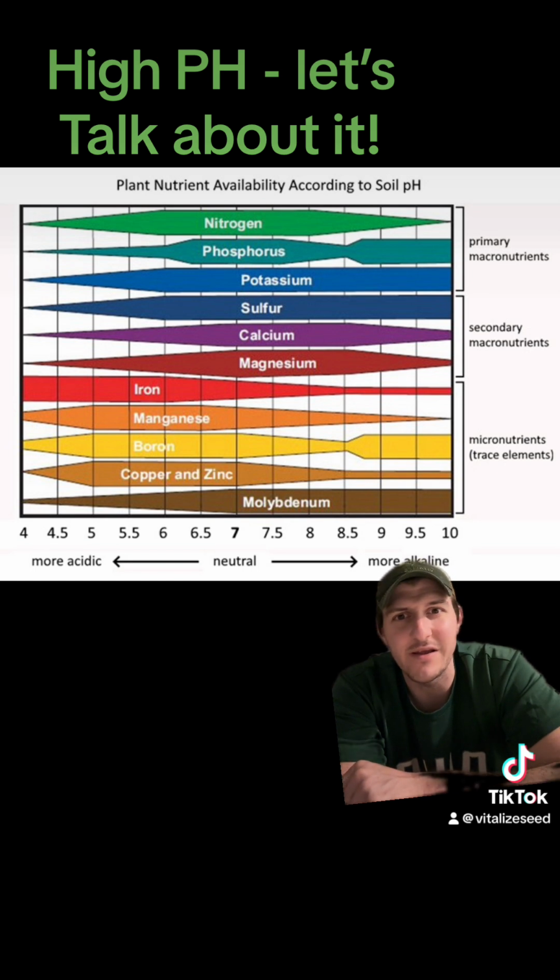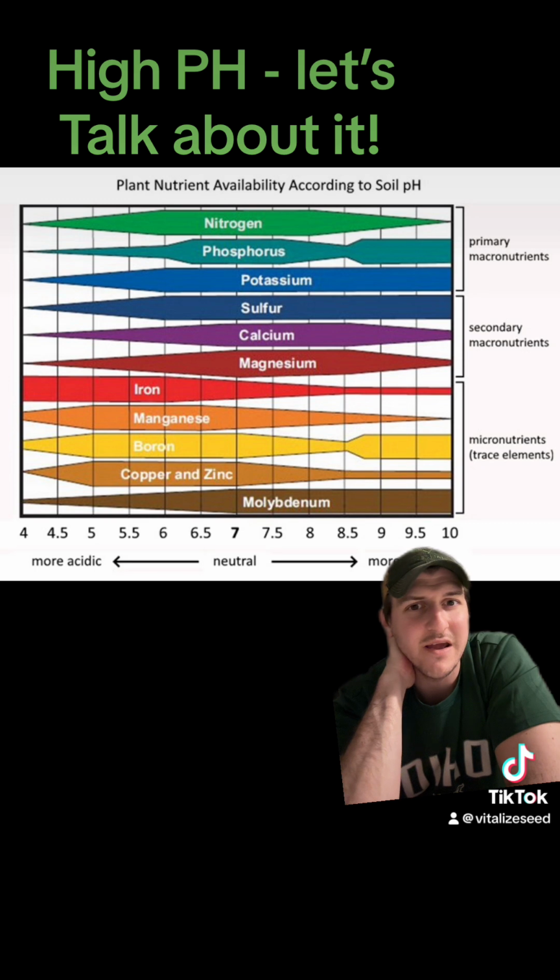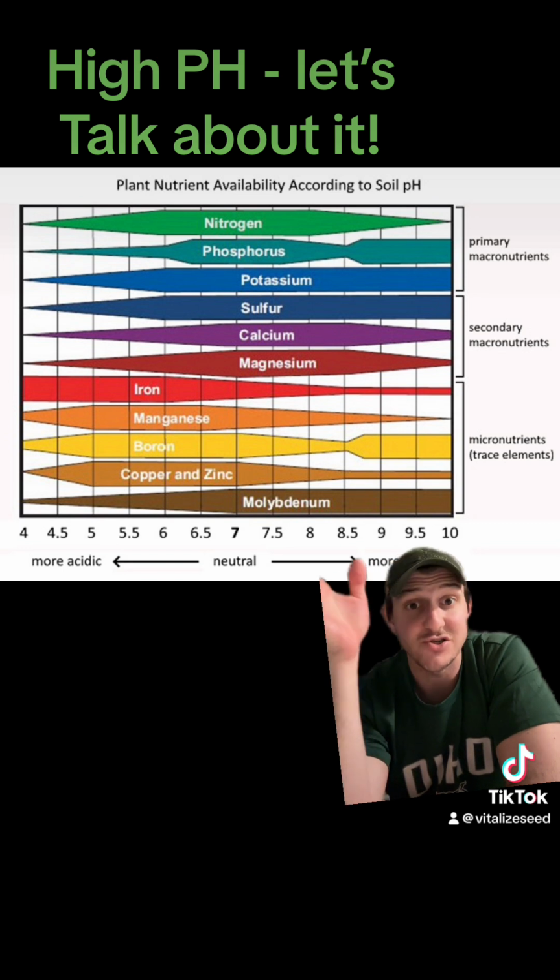But there seems to be this huge focus on pH all the time, and it certainly is helpful. With the chart behind me, you can see how it impacts nutrient availability. That chart assumes that all the nutrients are already in the soil profile. It's another video for another day, but the pH of the soil does impact nutrient availability.